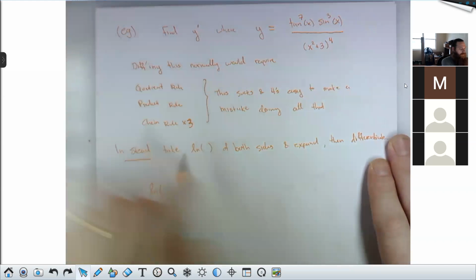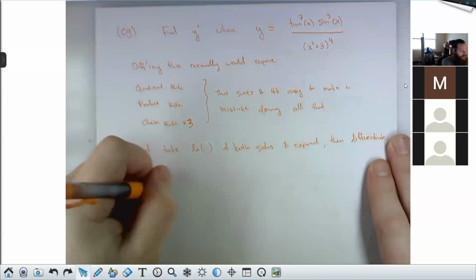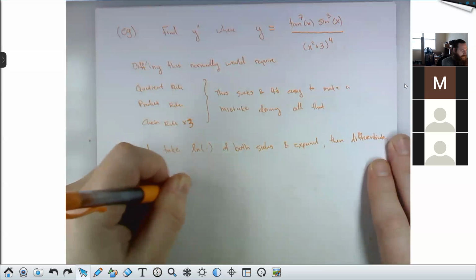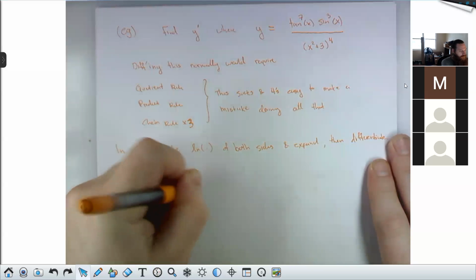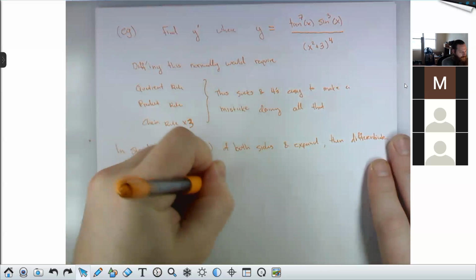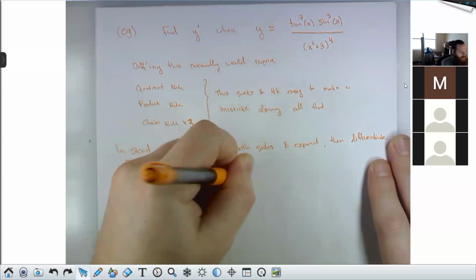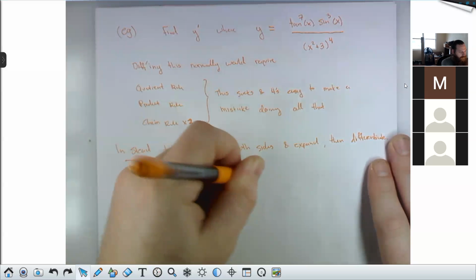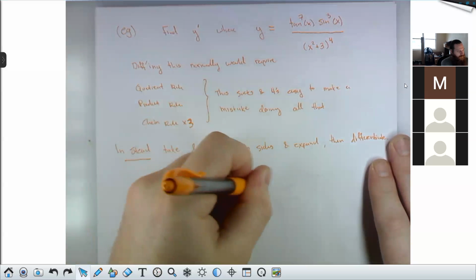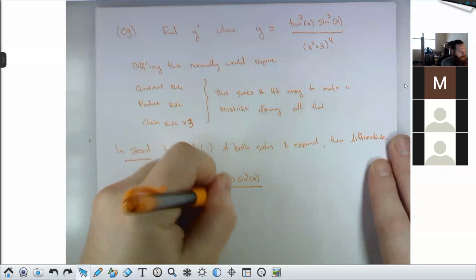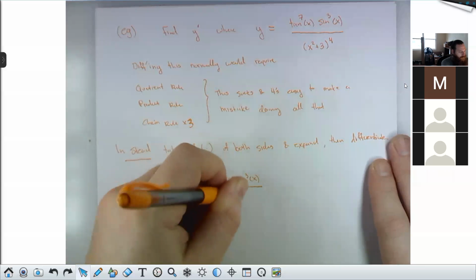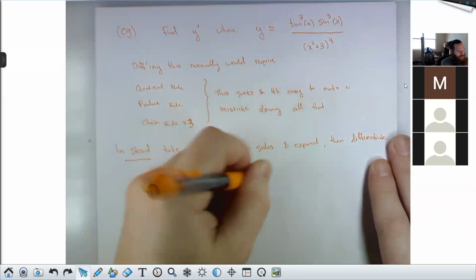On the left-hand side, I'll just have the natural log of y. On the right-hand side, I'll have the natural log of the 7th power of tan x, the 3rd power of sine x, all divided by x squared plus 3, quantity to the 4th.